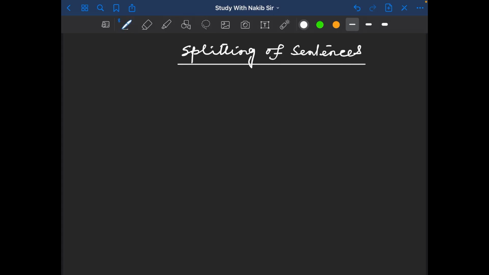Now, disjoining of sentences or splitting of sentences. Okay, splitting of sentences. So I just said that from a long sentence, small sentences can be framed or formed for each of the grammatical elements you have learnt.